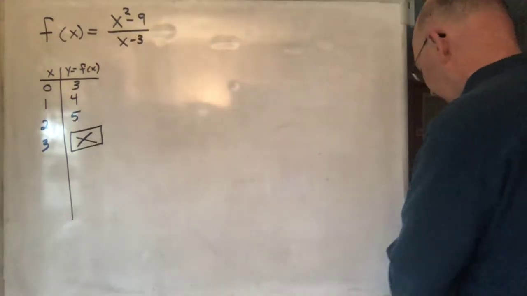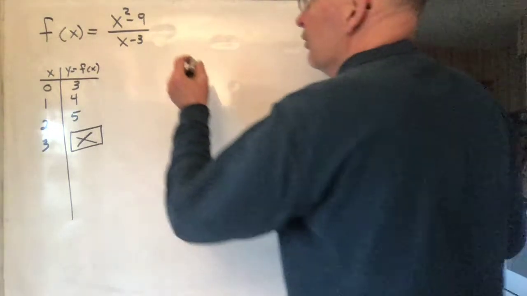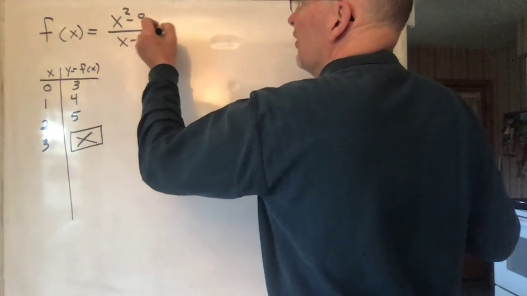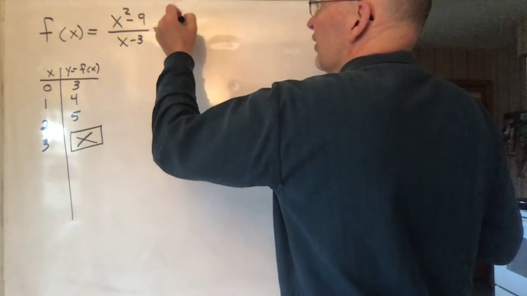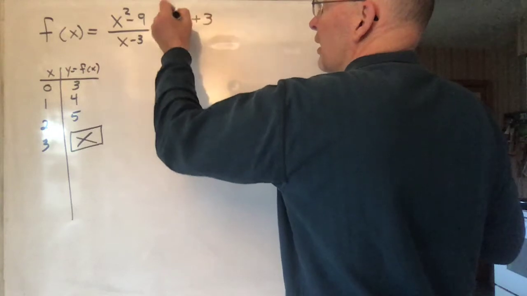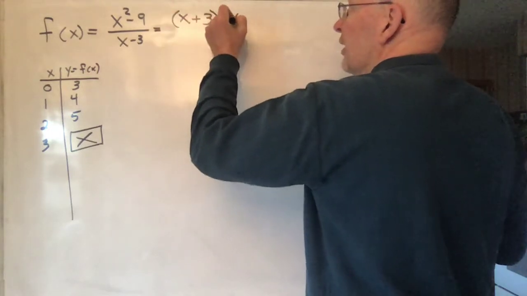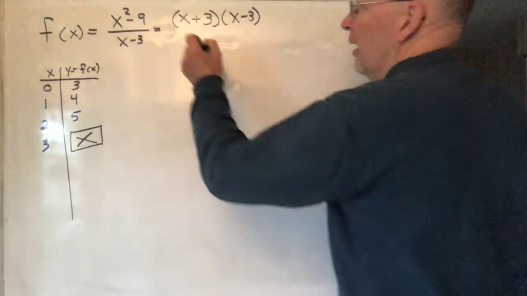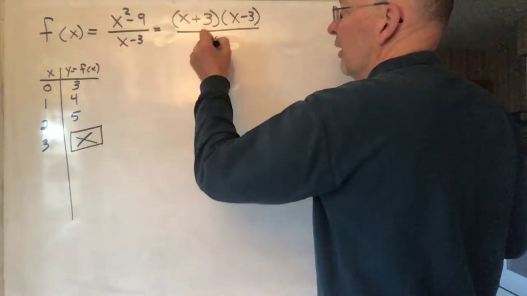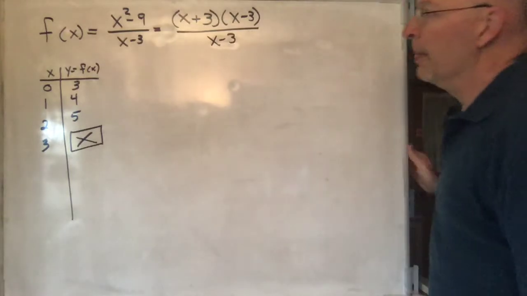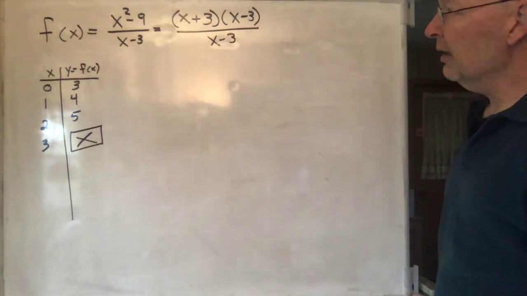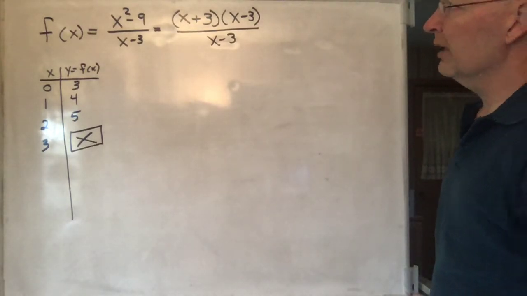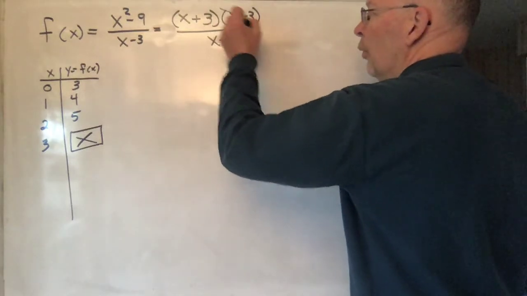And I think we can, because if we factor the top, notice that this numerator factors into x plus 3 times x minus 3. That factors as such. And the denominator, of course, is still x minus 3. And then we can divide this out with this.